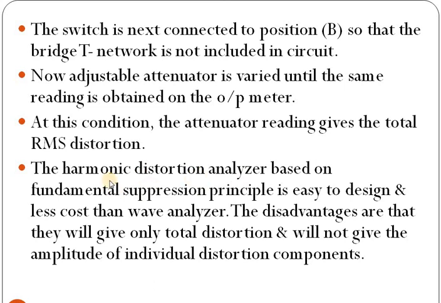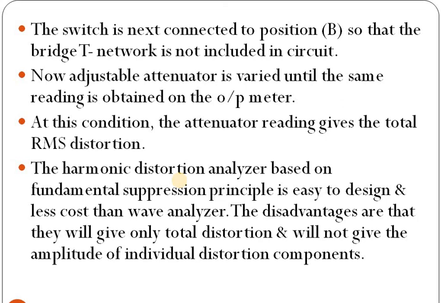The disadvantage of the harmonic distortion analyzer is that it produces only the total amount of distortion present in the signal, not individual harmonic component information, whereas the wave analyzer produces the individual harmonic distortion amounts.